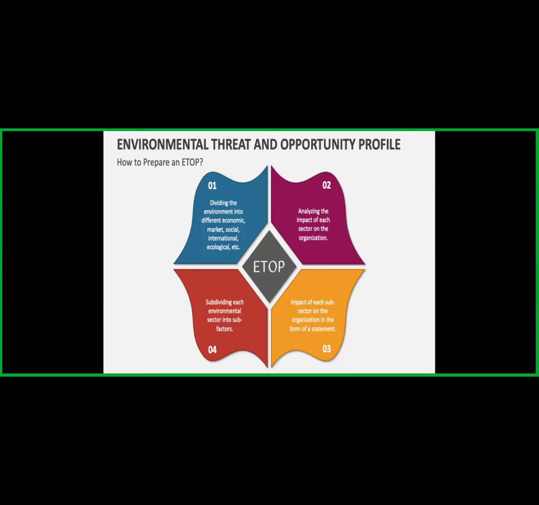So that is the basic difference between these two strategic management tools, ETOP and SWOT analysis. Now, how ETOP works, that we are going to discuss. The first step is dividing the environment into economic, market, social, international, ecological, etc. The second stage is analyzing the impact of each sector on the organization, that is, what will be the impact of technology in future on our organization.